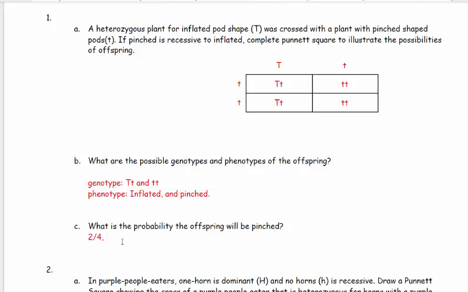We would also accept 1 out of 2, or a third possibility, which is a percentage equal to 1/2. 1/2 as a percent would be 50%. So all 3 of these are correct answers. My preferred version is the 2 out of 4. Hopefully that makes sense to you. If you have any questions, pause it, go back, repeat the video, and start again.